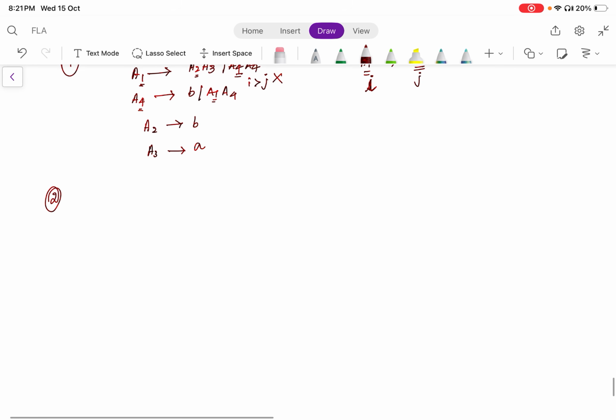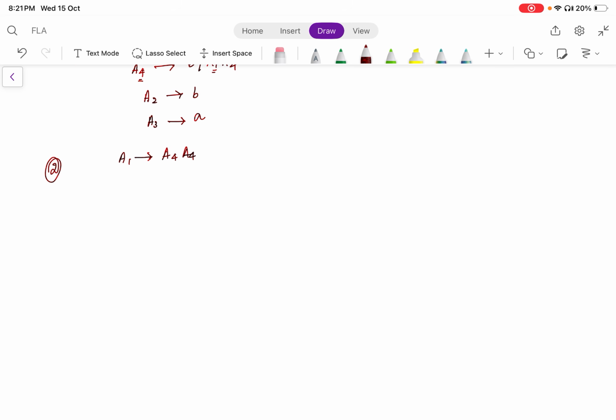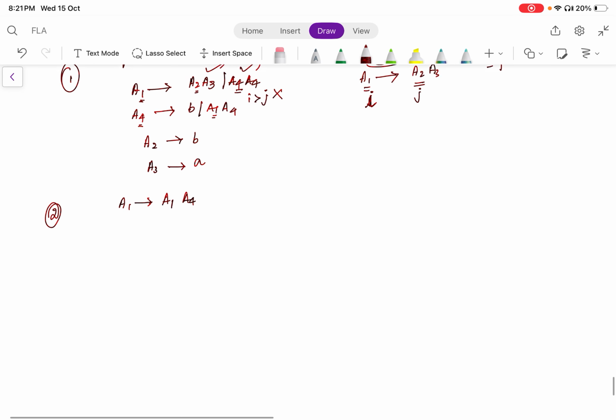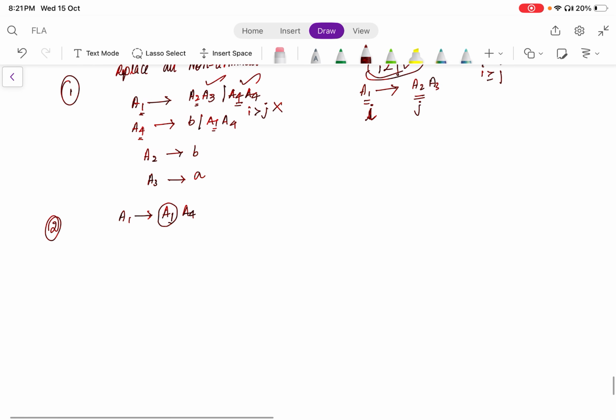So take that production, A1 tends to A4 A4. What you can do to make it satisfy the condition is substitute A1's value here. A1 has two productions.